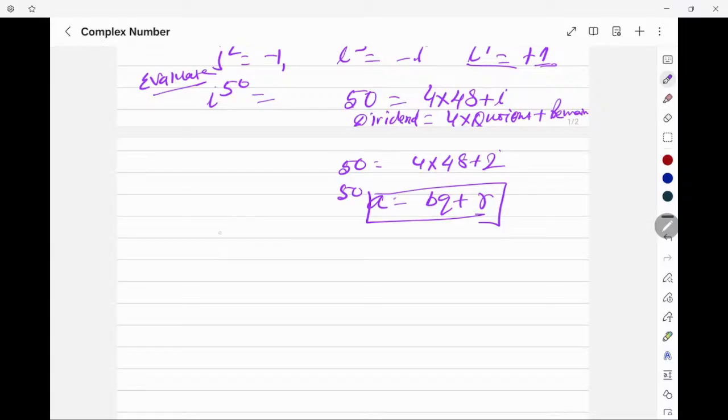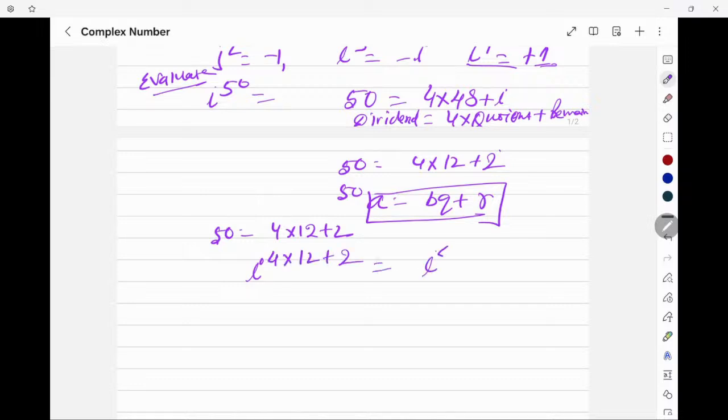So 50 is equal to 4 times 12 plus 2, that means i to the power 4 times 12 plus 2.